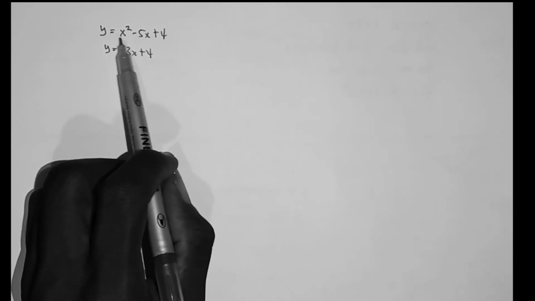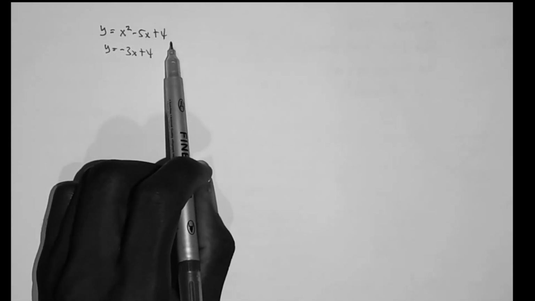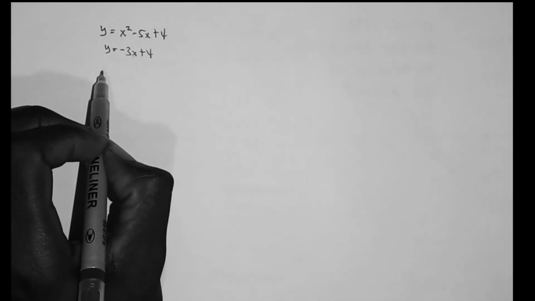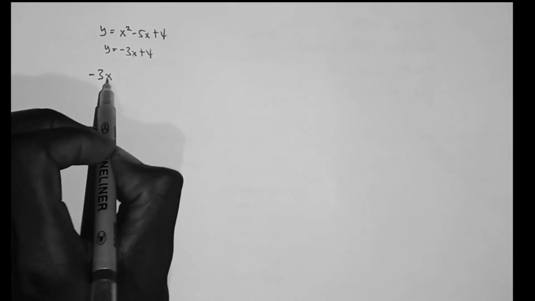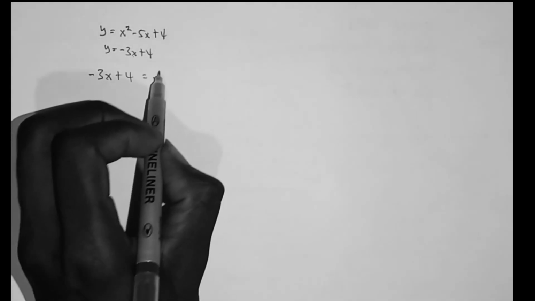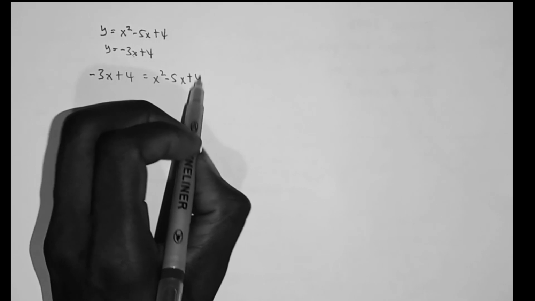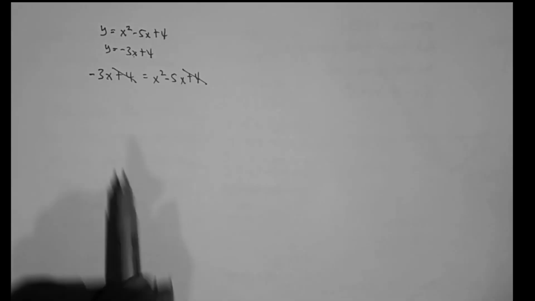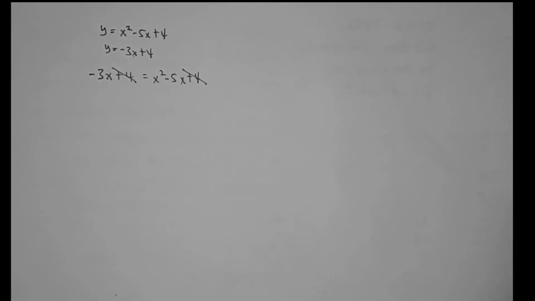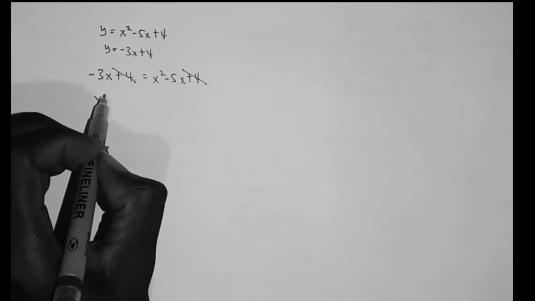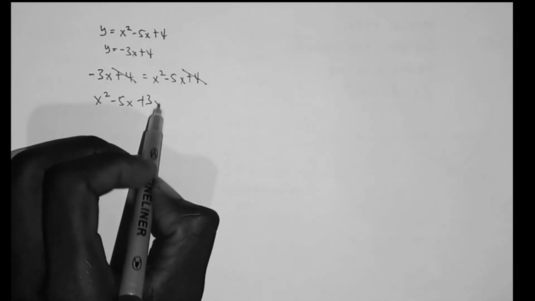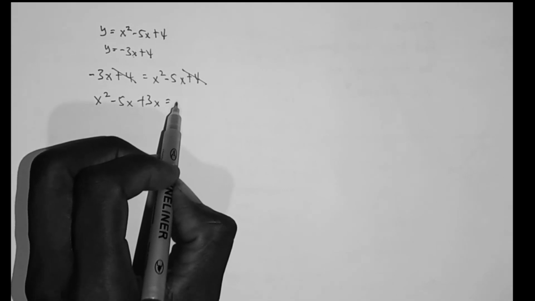So the two curves we have been given: the first one is x squared minus 5x plus 4, and the straight line is y equals minus 3x plus 4. So let's equate the two. Minus 3x plus 4 is equal to x squared minus 5x plus 4. So plus 4 and plus 4 can cancel. Let's bring minus 3x to the right hand side. So it becomes x squared minus 5x plus 3x is equal to 0.